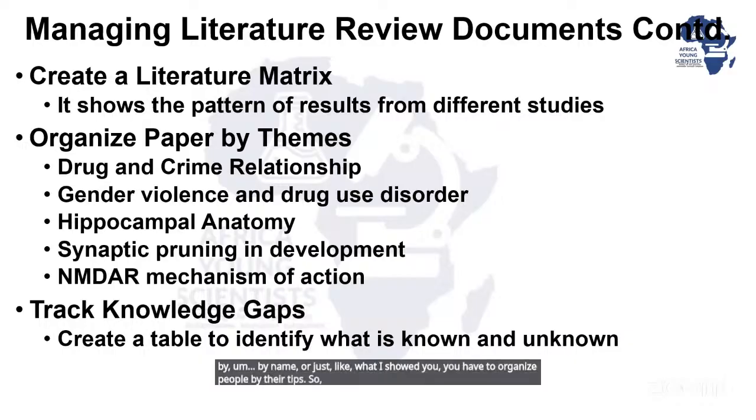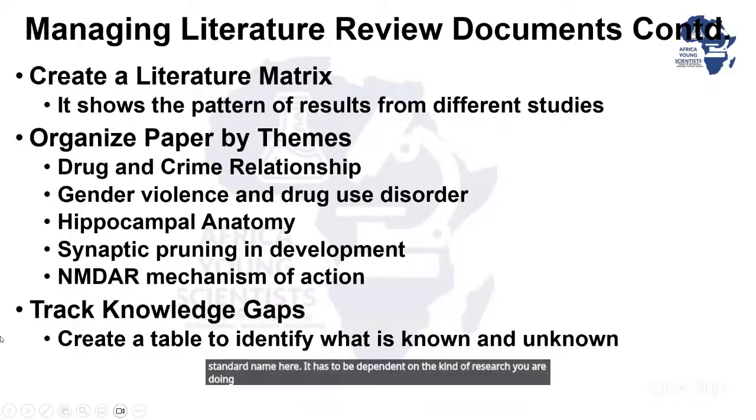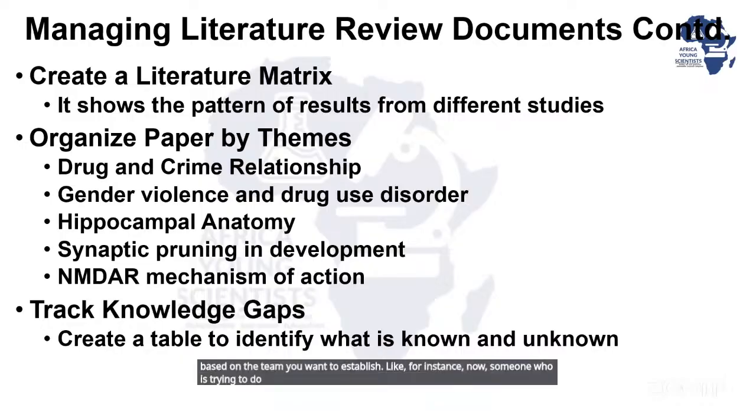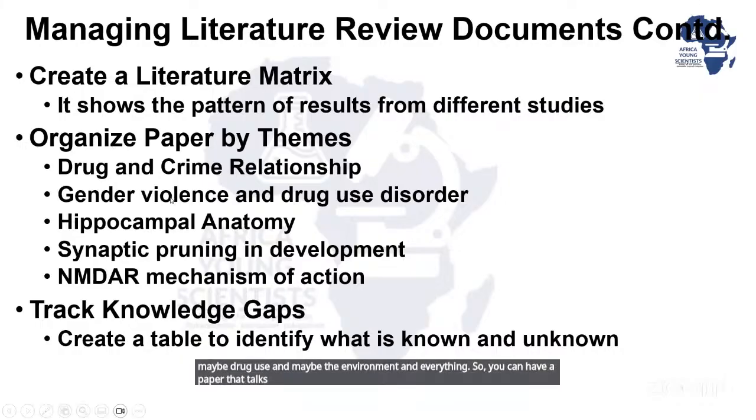Like I say, this is just an example, like the one I showed in my file as well. It has to be dependent on the type of your research. There is no standard name here. It has to be dependent on the kind of research you are doing. Based on the theme you want to establish, for instance, someone who is trying to do an analysis of drug use and the environment can have a theme on the drug and crime relationship.